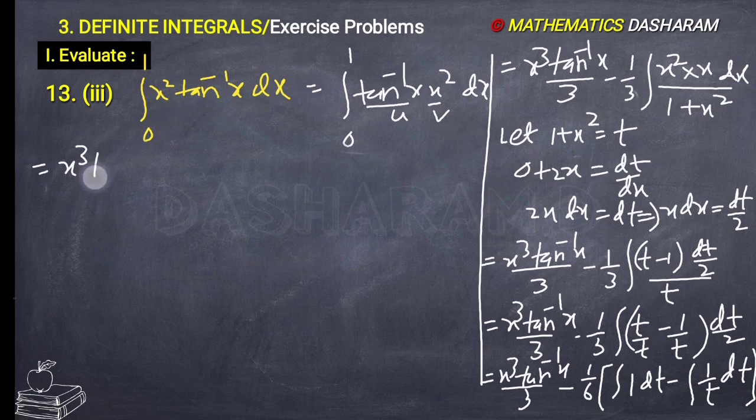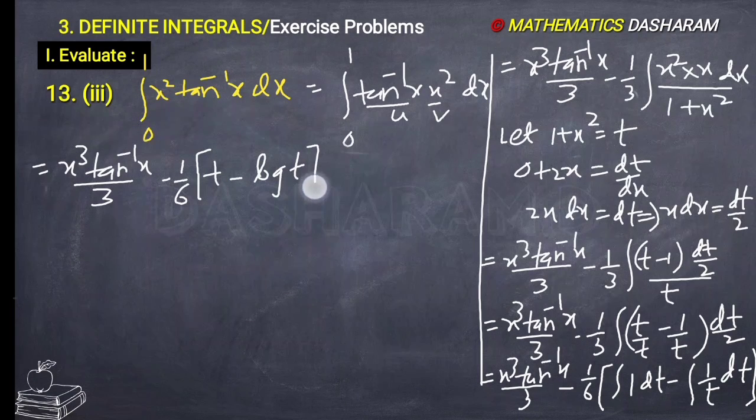So x cube into tan inverse x divided by 3 minus 1 by 6 into integration of 1 dt is t, minus integration of 1 by t is log t.